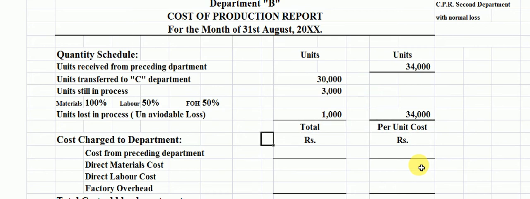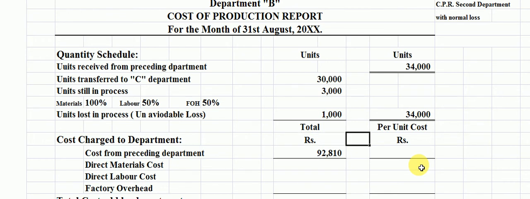The second section is cost charged to department. For this purpose, we have to first put the cost from the preceding department, which is 92,810.